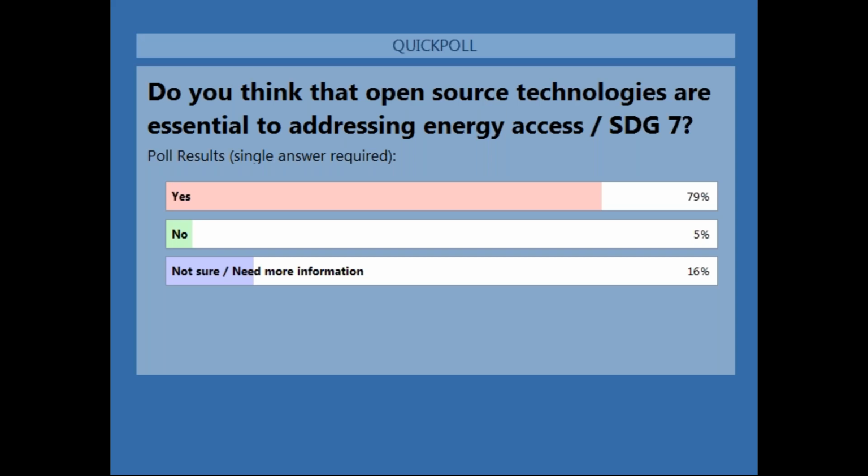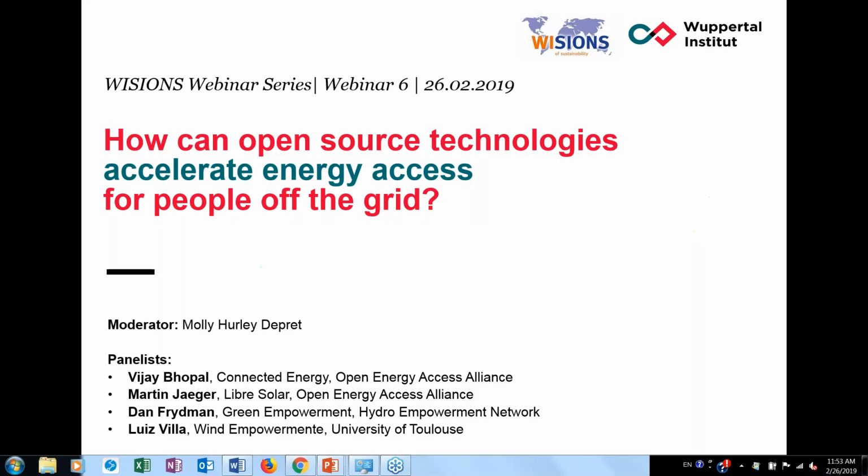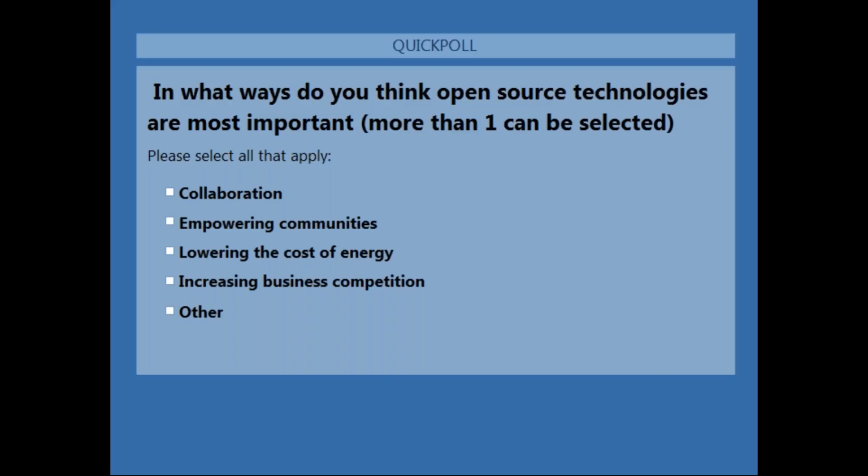Let me share one more quick poll with you. This is the last one. Since you think that open source technologies are quite applicable to energy access and to achieving SDG 7, in which ways do you think they're the most important? You're able to select more than one choice.